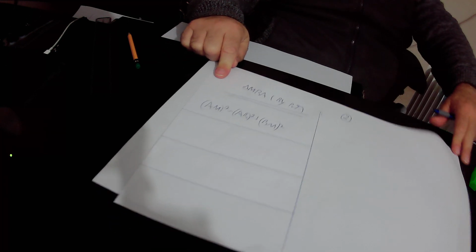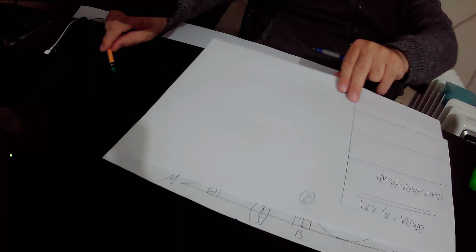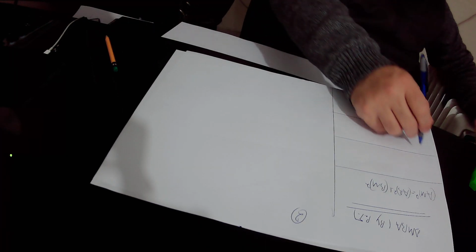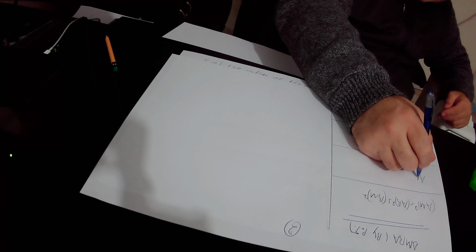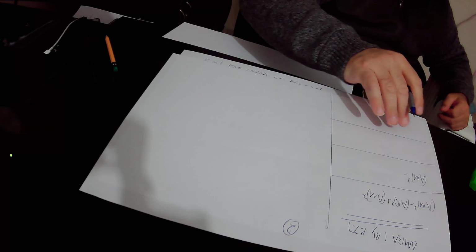So AM squared, that is the square of the hypotenuse, equals AB squared.